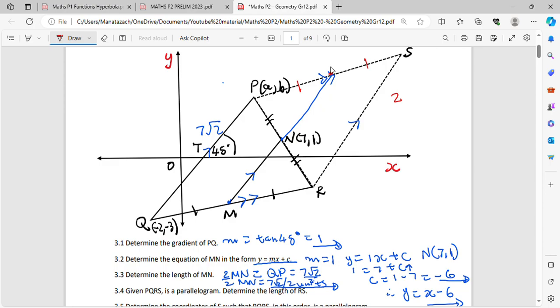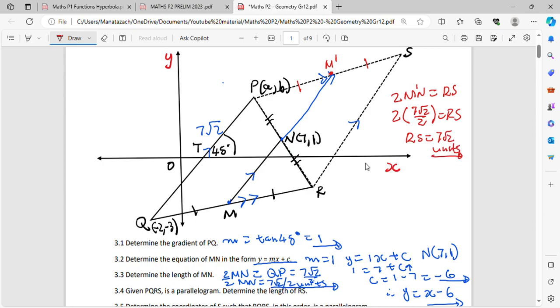So let's call this M prime. So M prime N is equal to RS. Since M prime N is the same as MN, we've already calculated MN as 7√2 over 2 units. That's RS, or RS is equal to 7√2 units.